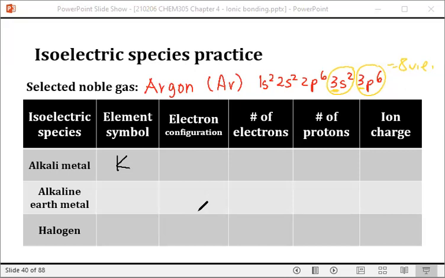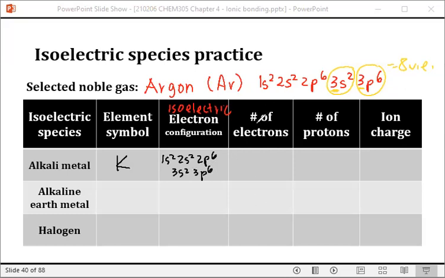The electron configuration for potassium as the isoelectronic species, we'll just pencil that in, should be exactly the same as the electron configuration for argon. So it should be 1s2, 2s2, 2p6, 3s2, 3p6.